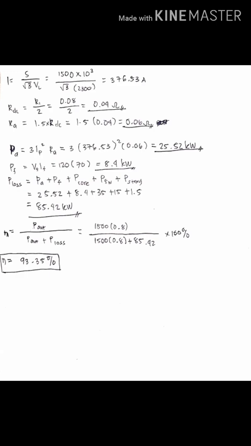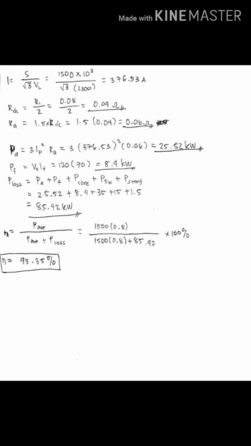Next, the RA. RA is 1.5 times the RDC, as stated in the question. So 1.5 times 0.04, which is the RDC, equals 0.06. That is the value of RA.